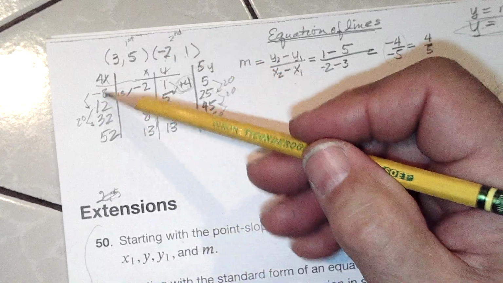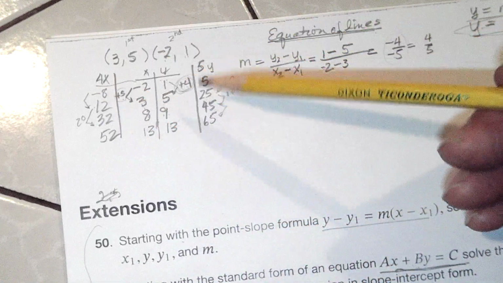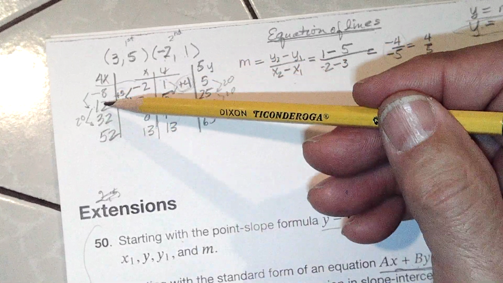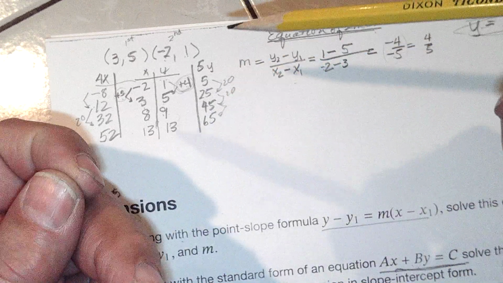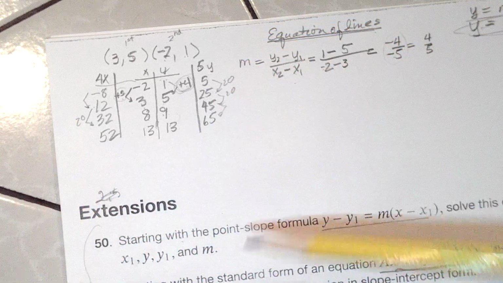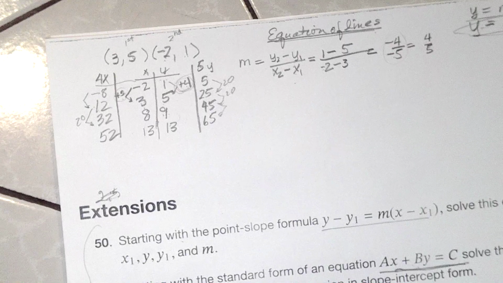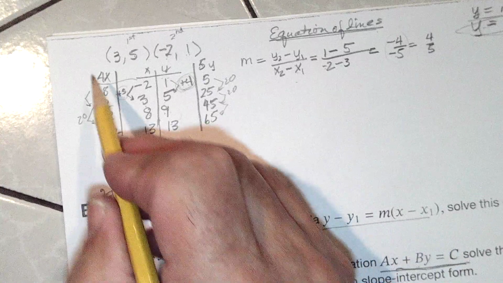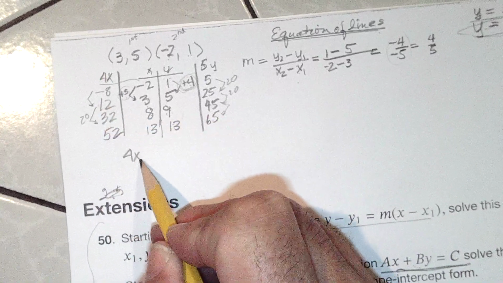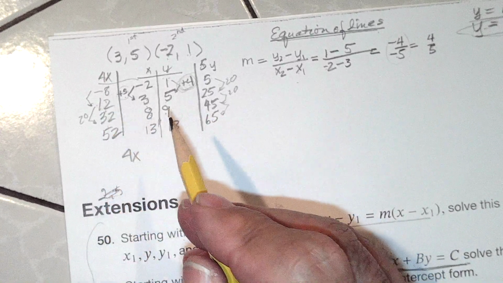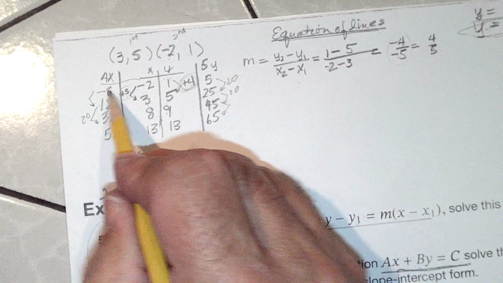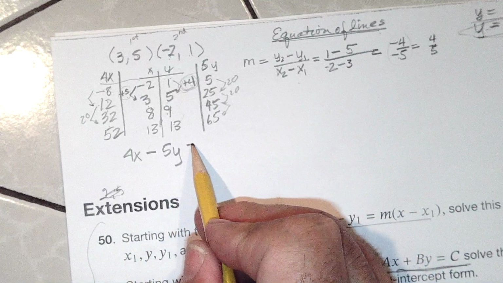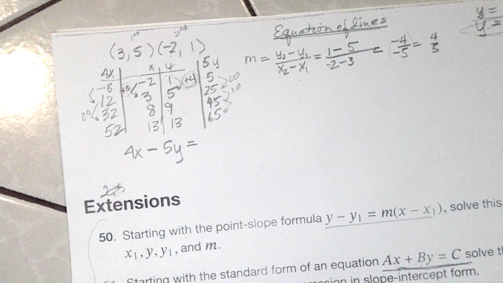So if this were a race in these columns, one of them is ahead of the other one always by the same amount, because they're both going up by 20, so they're going to stay the same distance apart. So I could take the 4x column, these numbers, and subtract the matching ones from the 5y column, and it should be always the same amount apart.